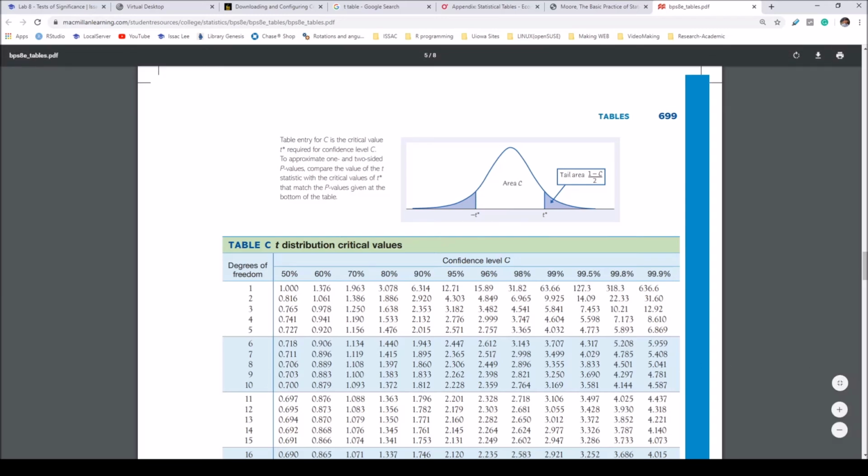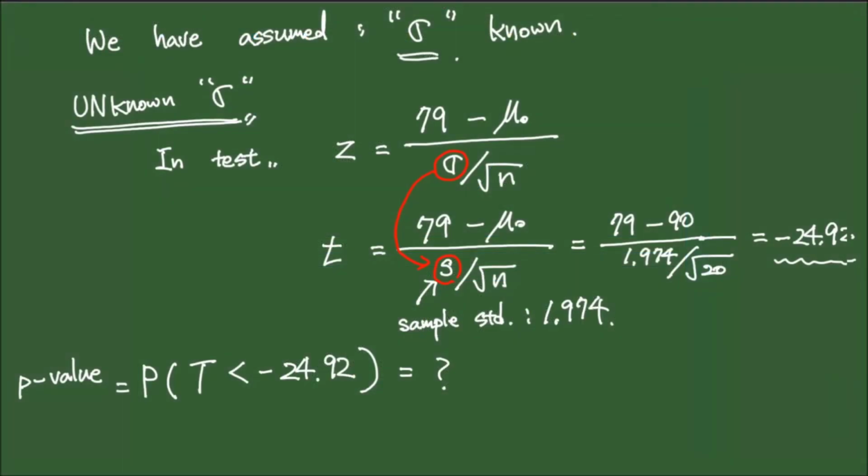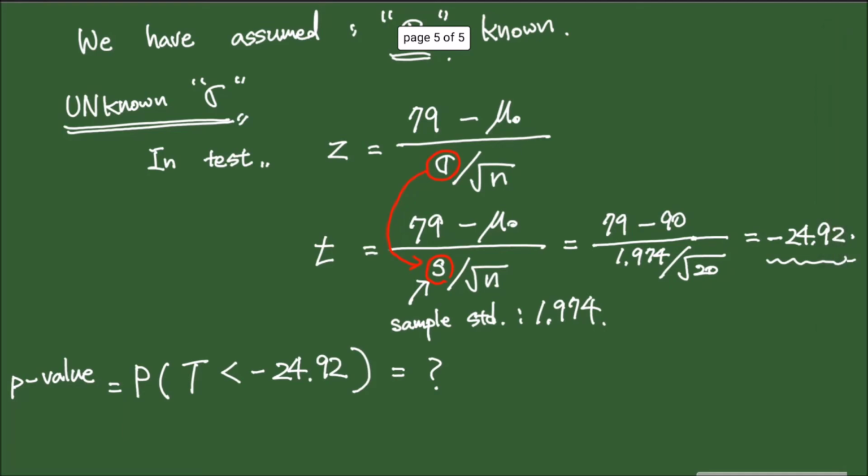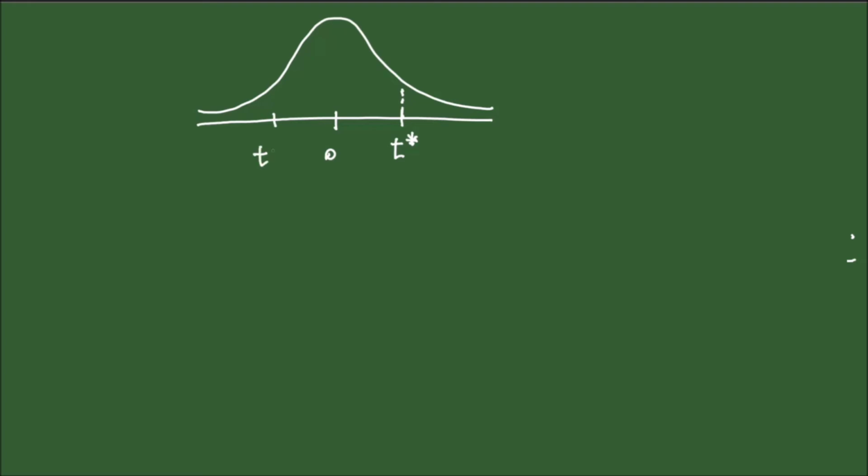Okay, so let me go back to my thing. We know that t distribution also looks like normal distribution, so it will be centered at 0, and we will have t star here, and since it is also symmetric, this is minus t star.